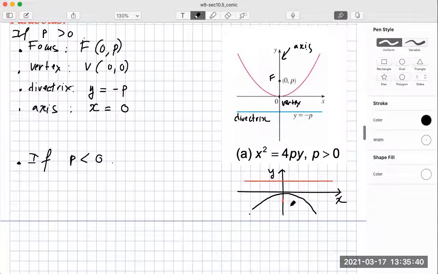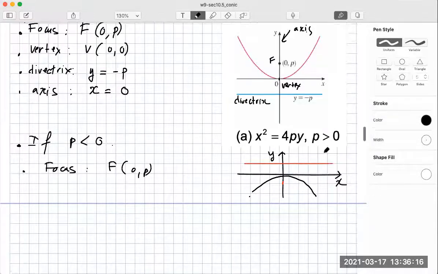And what is the coordinate of the focus here? Yes, it will be (0, p), the same thing, right? The vertex will also be the same here. The directrix will also be y is equal to negative p, but p is negative, so negative p would be positive. Therefore, this line would be like this, and the axis would be similar. So that is all about the parabola.